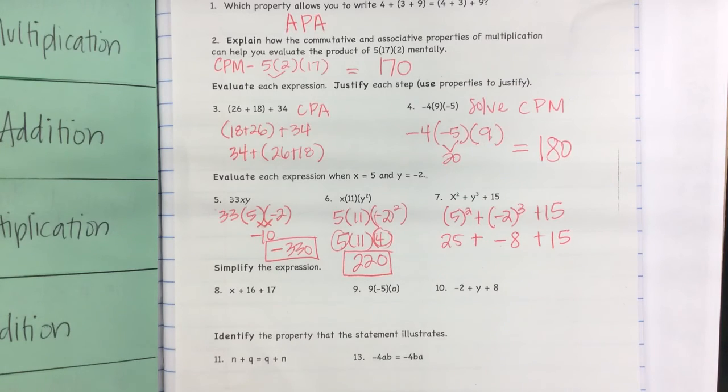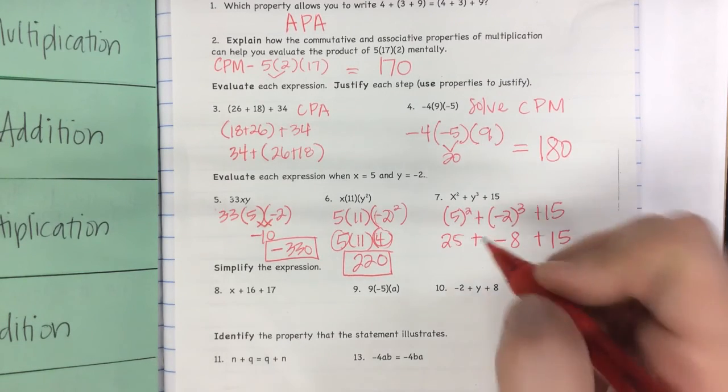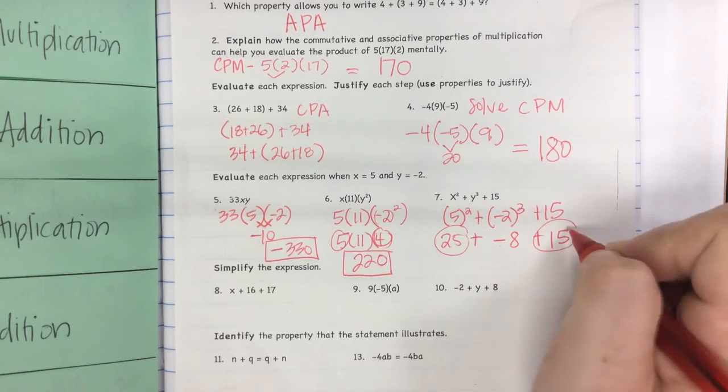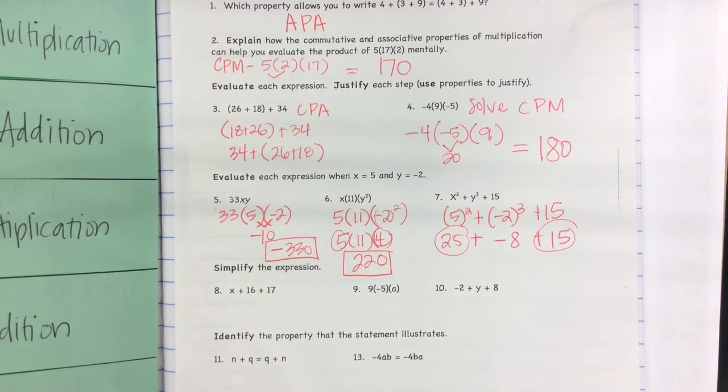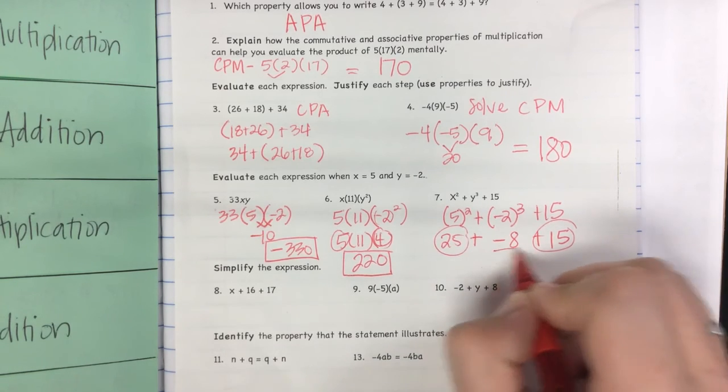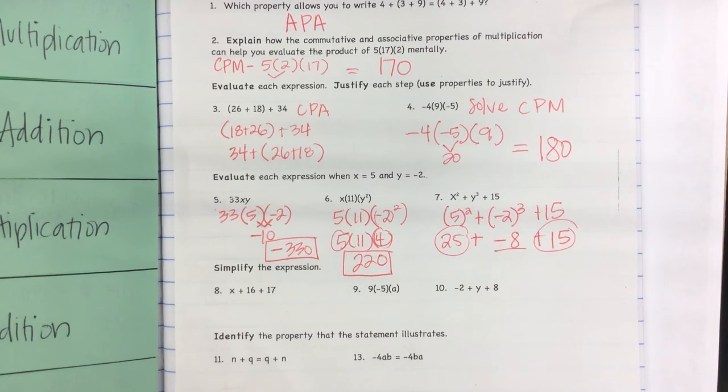You know what I'd do first? I'd add first. 25 plus 15 is 40. Minus 8 is what?